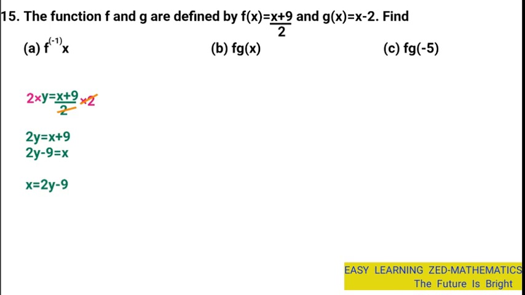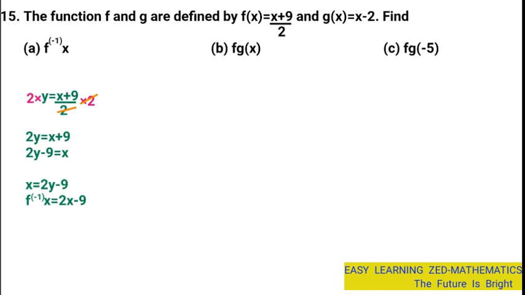Then next, I'm going to write the inverse of f of x is equal to, so where there is y in that expression, I'm going to put x. So 2y will become 2x. Okay, 2y will become 2x. Then it will be 2x minus 9.